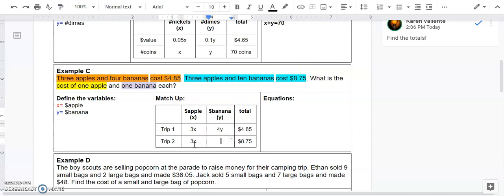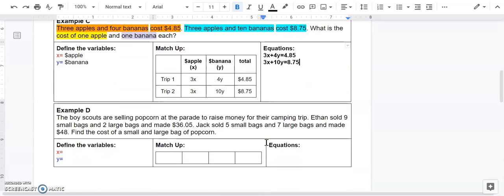So the cost of 3 apples plus the cost of 10 bananas is $8.75. Once I've got it organized, go row by row. Okay, so row by row, find the costs and then what story goes with that. What are the pieces you added together to get to that total?